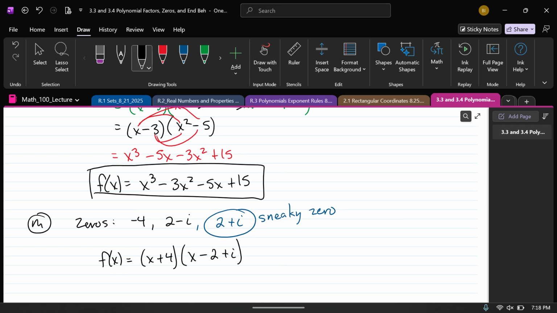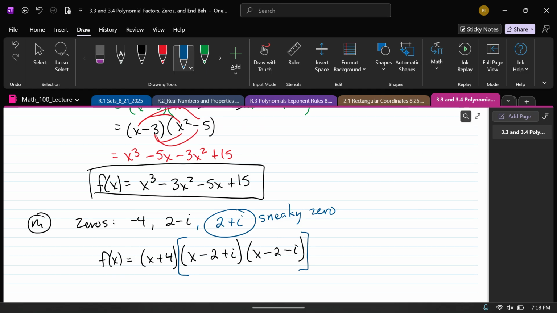The factor for 2 plus i is going to be x minus 2 minus i. Swap the sign on both. And now we've got to multiply all this out. The good news is that the i stuff should cancel out.